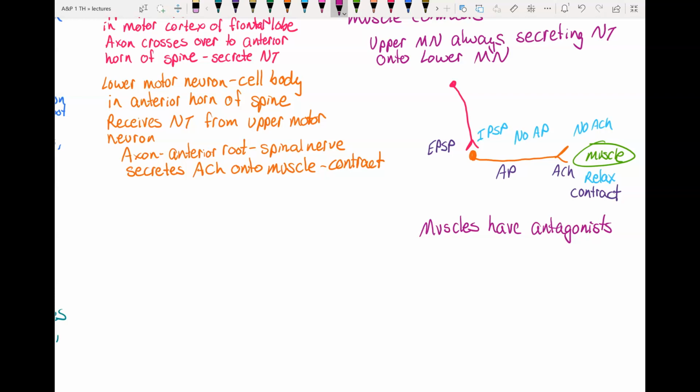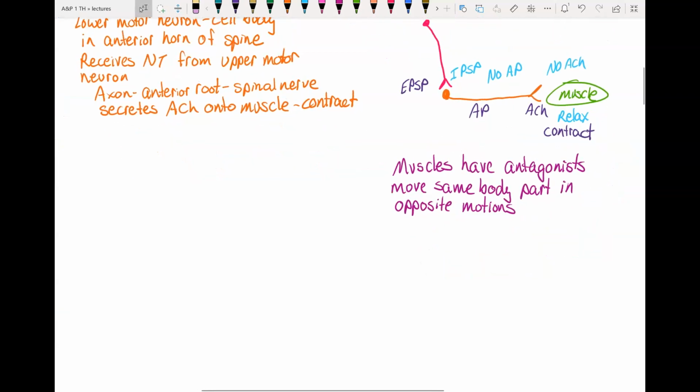They do the opposite of each other. So they move the same body part in opposite directions or opposite motions. Your brain coordinates this so that your muscles don't get in a fight with each other over your body parts.